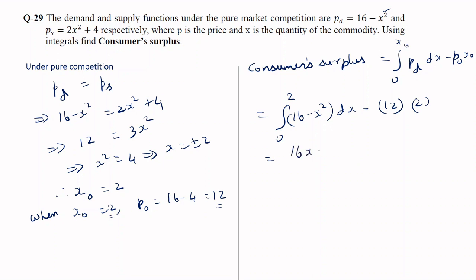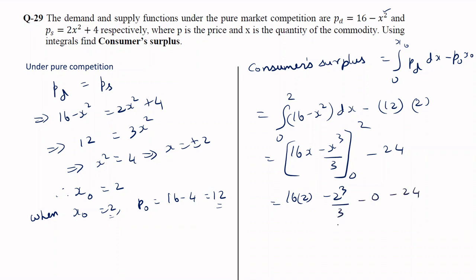When we integrate, we get 16x minus x cube by 3 with the limits 0 to 2 minus 24. When we substitute the upper limit, it is 16 into 2 minus 2 cube by 3, minus lower limit which is 0, minus 24.